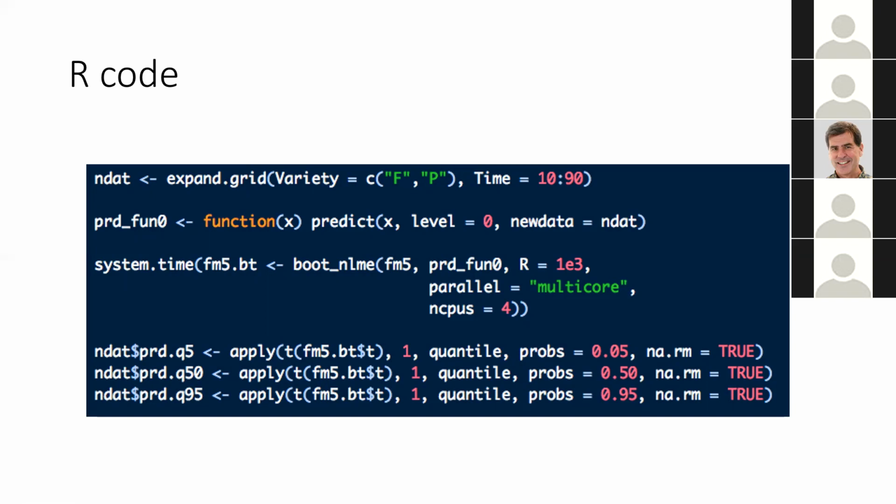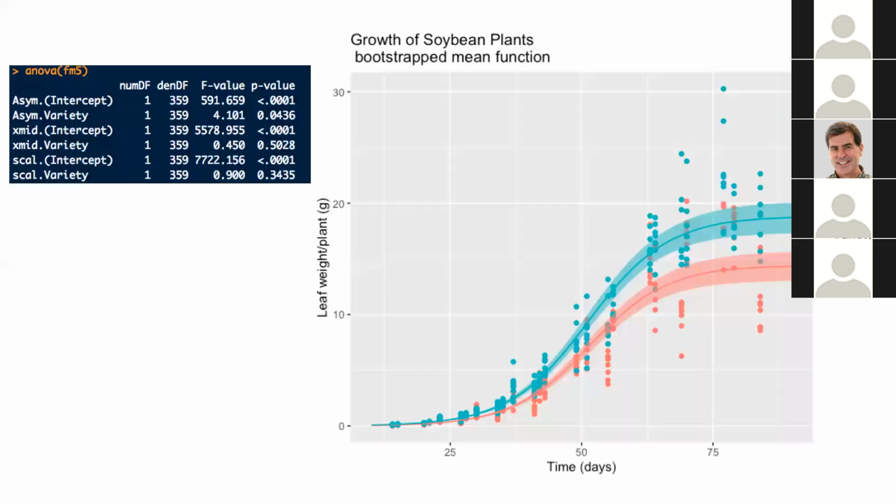So that's the R code, and this is one way of assessing the uncertainty in nonlinear mixed effects models, because NLME doesn't give you any tools to do this by default. You have to do it somehow by yourself, kind of in your own way. So what I'm plotting here is the difference between variety F and variety P for this data set, and the bands are the confidence bands around our fixed terms, or the fixed lines for these two varieties.